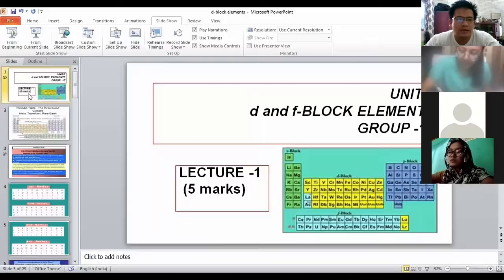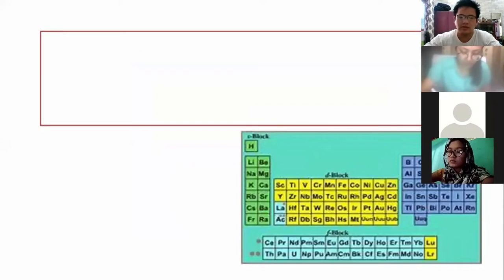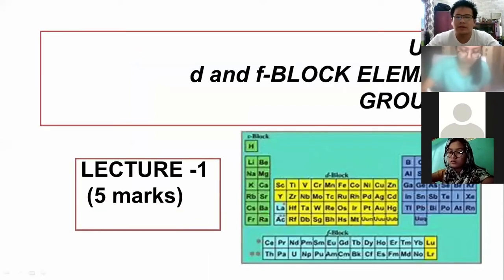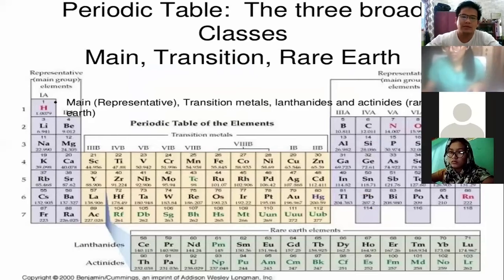The name of the chapter is called D and F block elements. This is the first lecture. The modern periodic table is classified into three classes. What are the three classes in the modern periodic table?